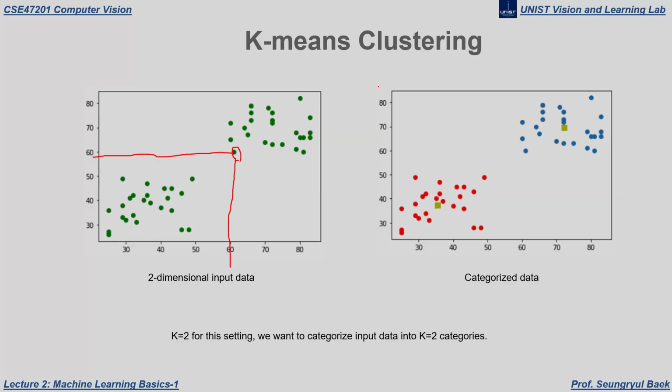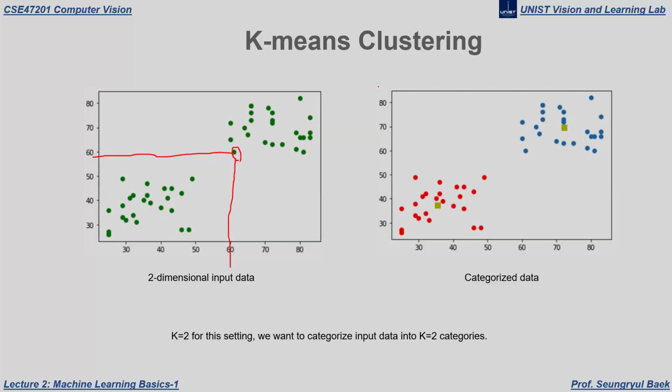So when you are given the left graph, and you are asked to perform clustering with 2 clusters, you would do it like the right one, right? Do you agree? Okay.